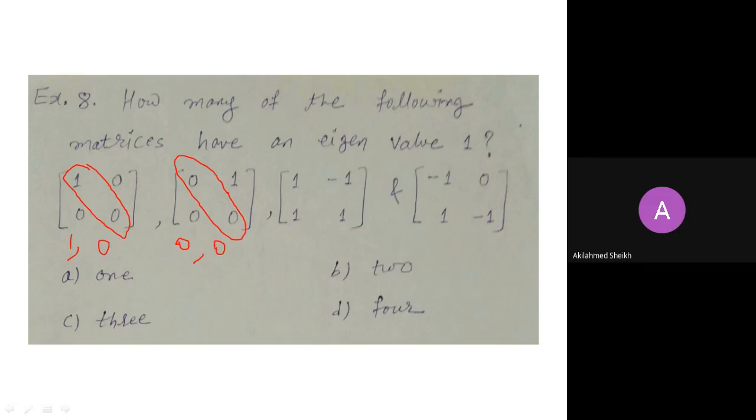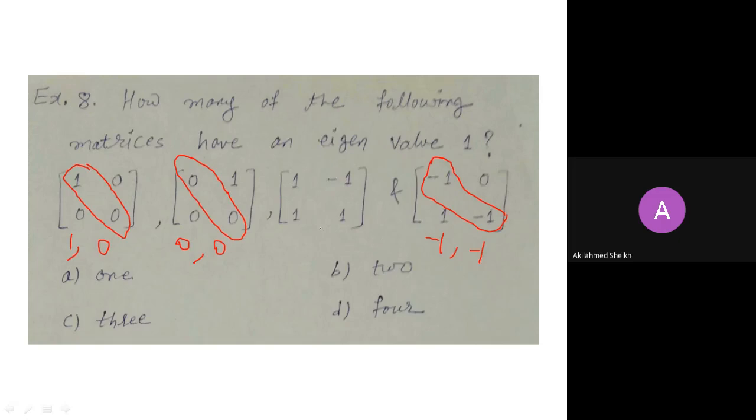Next, this is neither a triangular nor a diagonal matrix. Next, again this is a lower triangular matrix. Then its diagonal elements will be its eigenvalues, which means it is minus 1, minus 1.